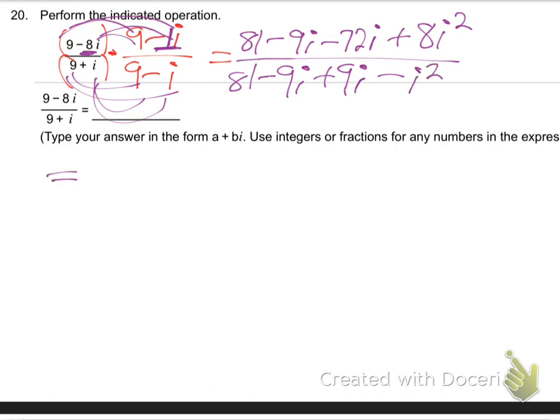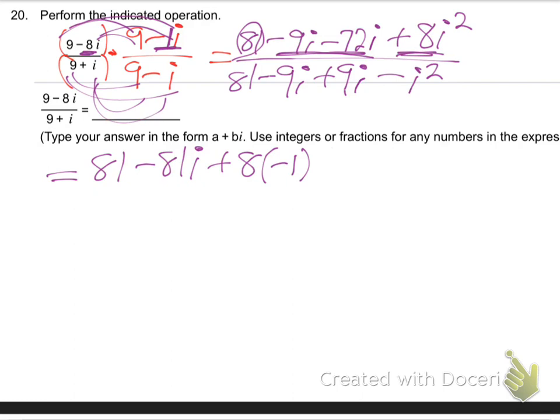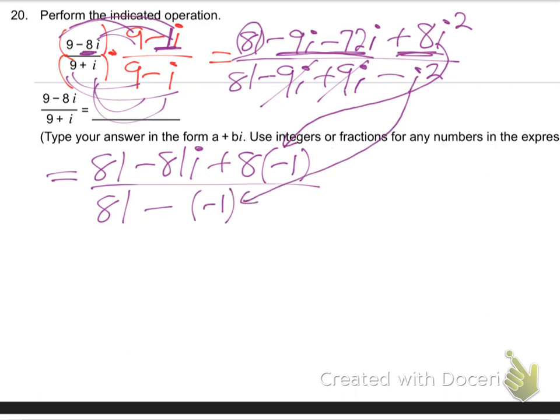Okay. What does that give me? So 81. And then minus 9i minus 72i is minus 81i. Yeah. And then plus 8i squared. i squared is negative 1 over 81. These guys cancel. Minus, and what do you always do with i squared? Again, negative 1. So we get what? 81 minus 81i minus 8 over 81 plus 1.